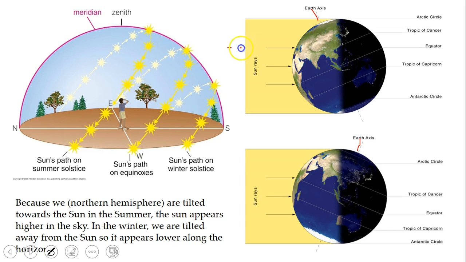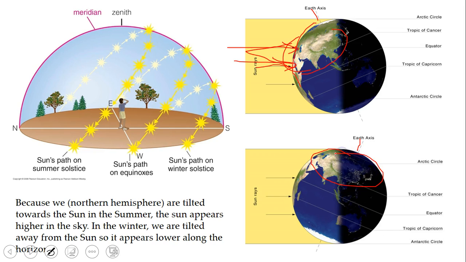Whenever the sun is directly on the northern hemisphere, look at our tilt. Okay, so this is during our summer months. We're tilted towards the actual sun in the northern hemisphere. So what that means is that sun is at a higher angle. Okay, so it's going to be higher in the sky than it is during the winter months.